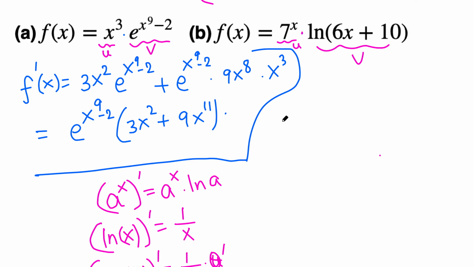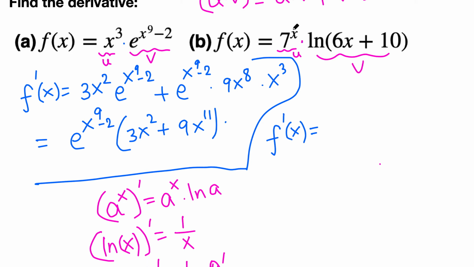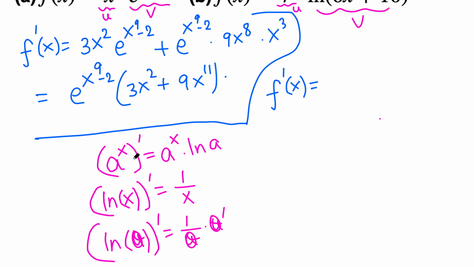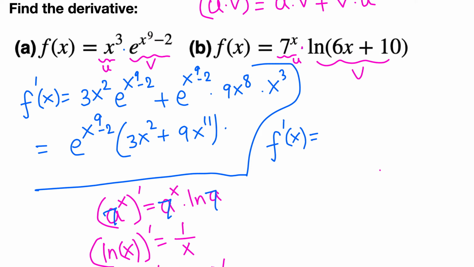So the derivative is derivative of first factor times leave second alone plus derivative of second factor times leave first alone. So 7 to the x, we'll be using this rule. 7 to the x means 7. So using this rule, derivative of first factor is simply 7 to the x times ln 7.